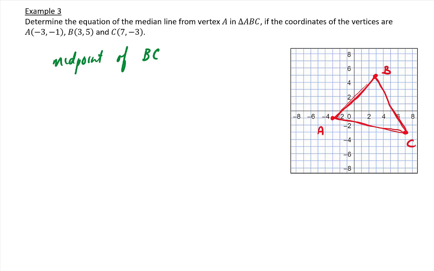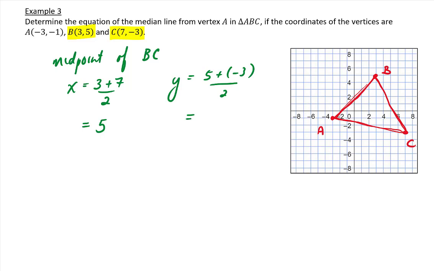So using the points B and C, we're going to find the average of the x's and the average of the y's. So let's start with the x's. The x's are 3 plus 7, and then we're going to divide them by 2. And 3 plus 7 is 10, divided by 2 gives us 5. We take the average of the y values, so 5 plus -3, and again we're going to divide by 2.